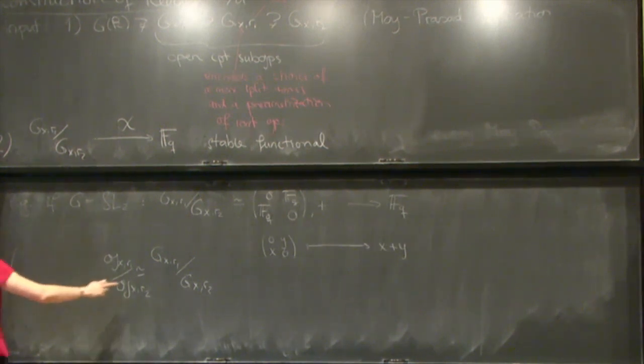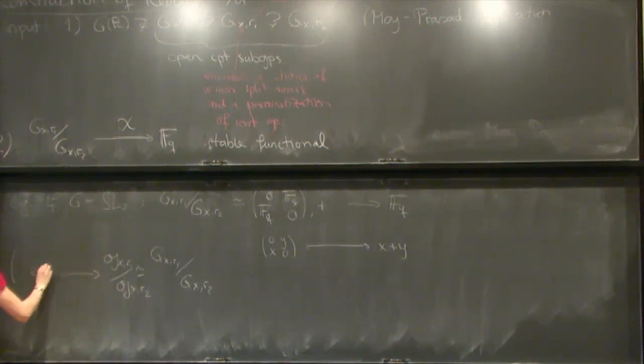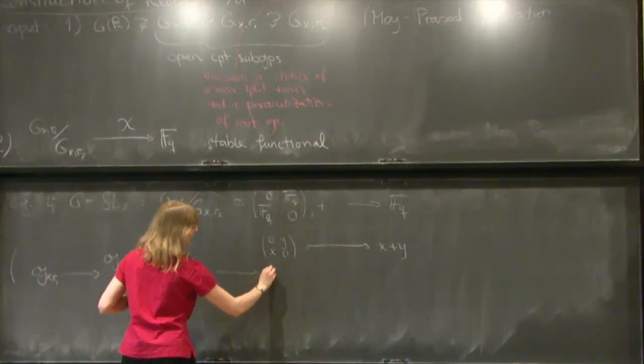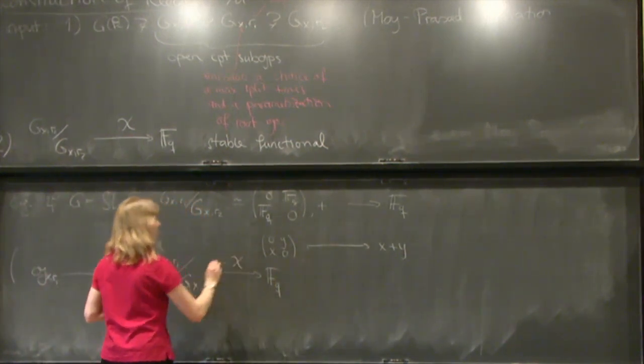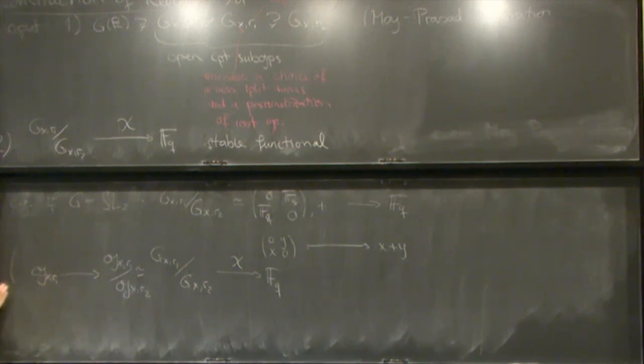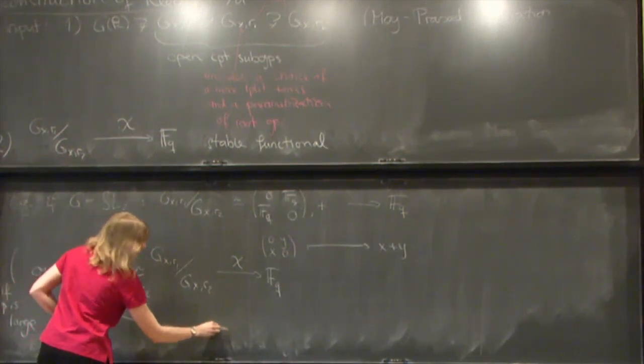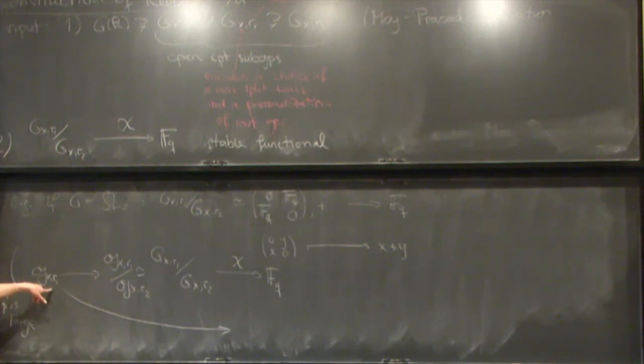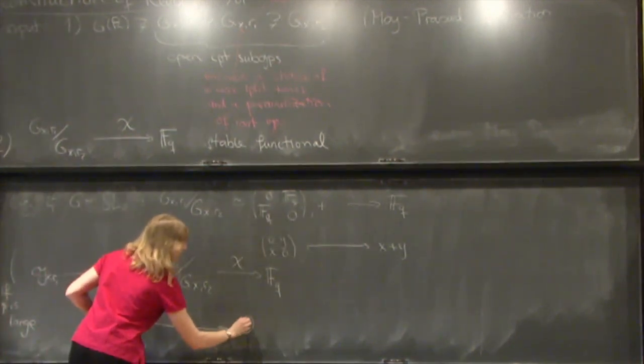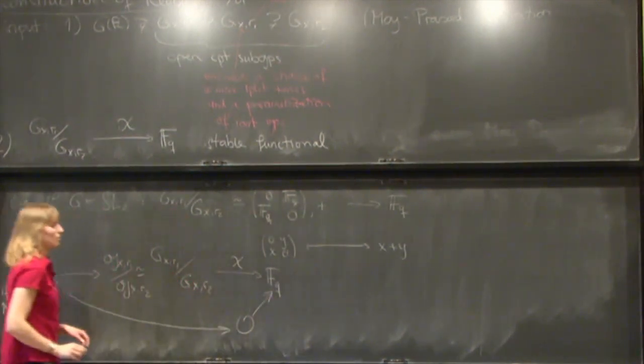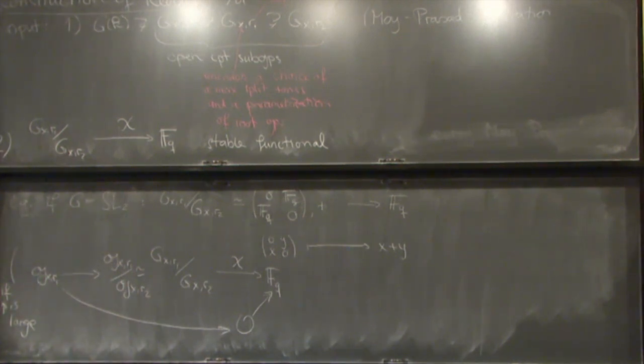And these two are isomorphic, so we can map to it from G_x,r1. And the whole thing should map to F_q. This is the character chi we choose. And if p is large, then it turns out that we can instead take a character from this whole subgroup of the Lie algebra to the ring of integers and quotient out by the maximal ideal to go to F_q.